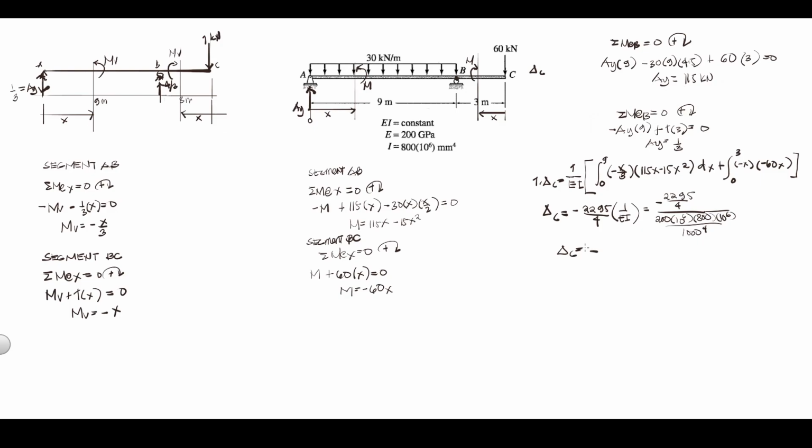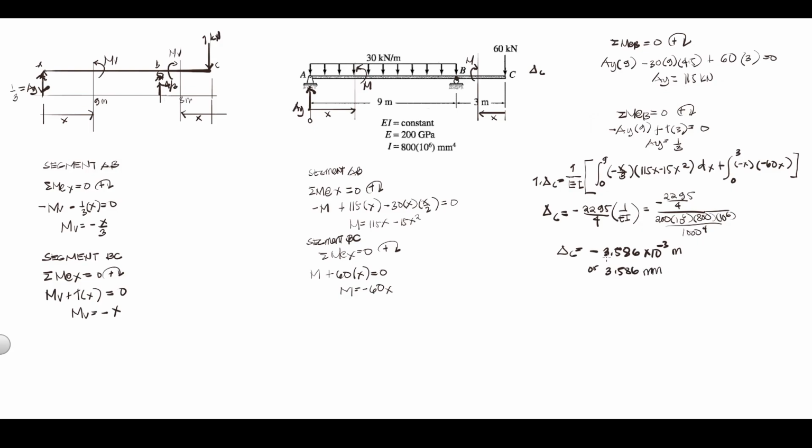Lalabas na sagot dito is negative 3.586 times 10 raised to negative 3 meters. Or we can say in mm, 3.586 millimeters.